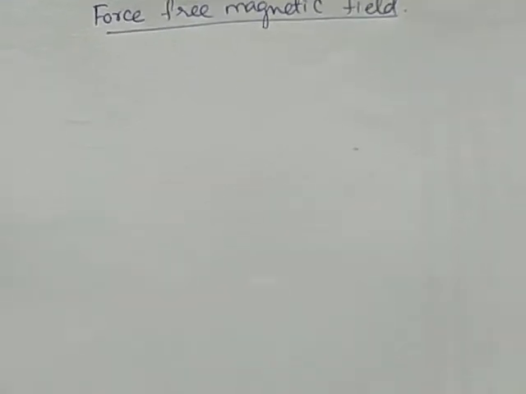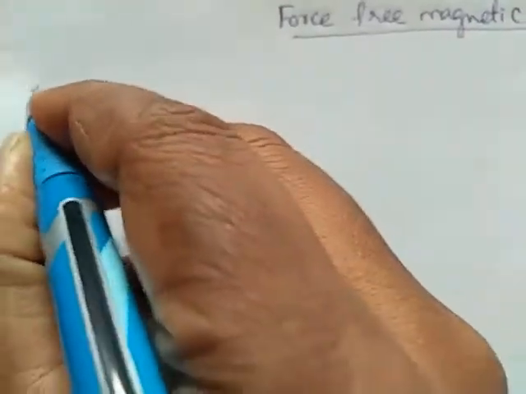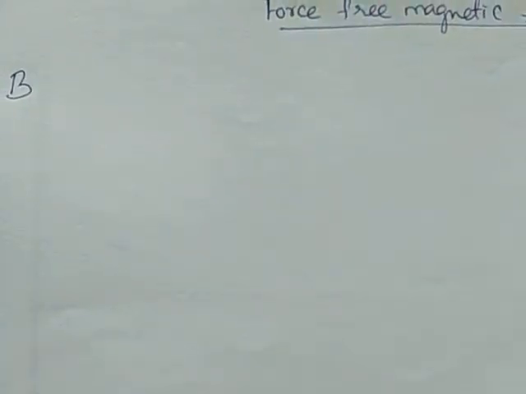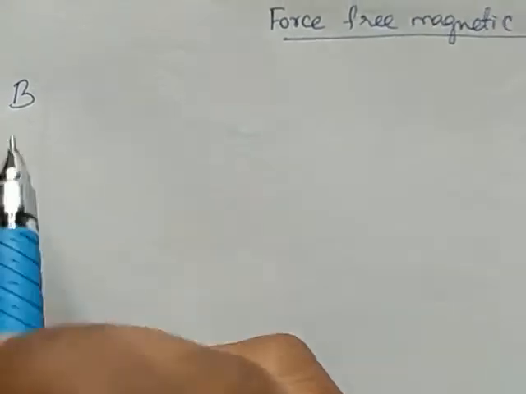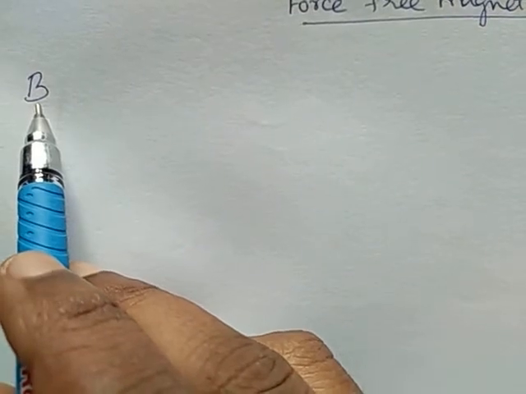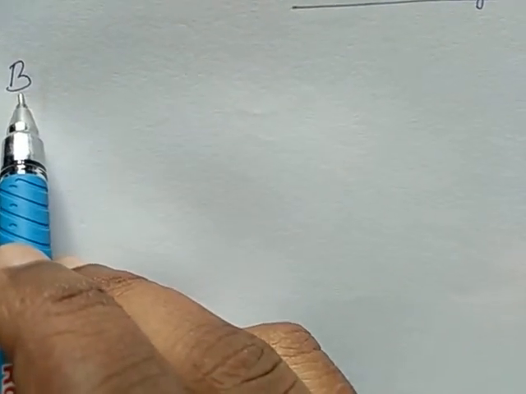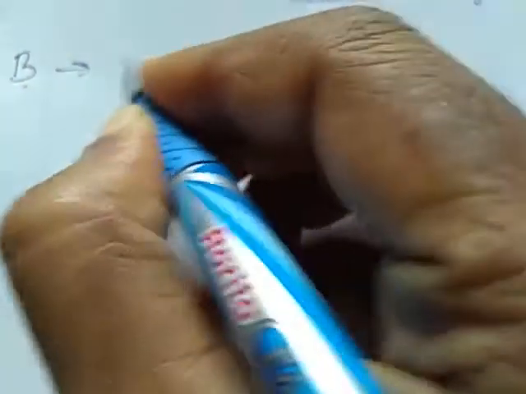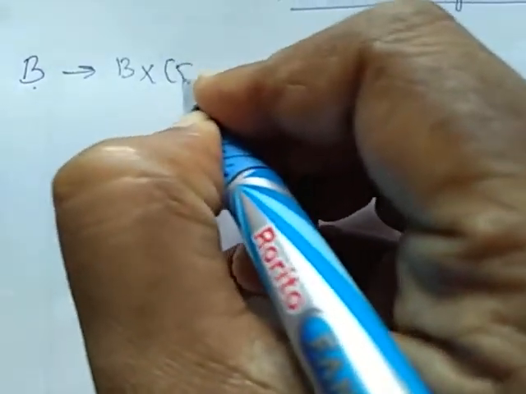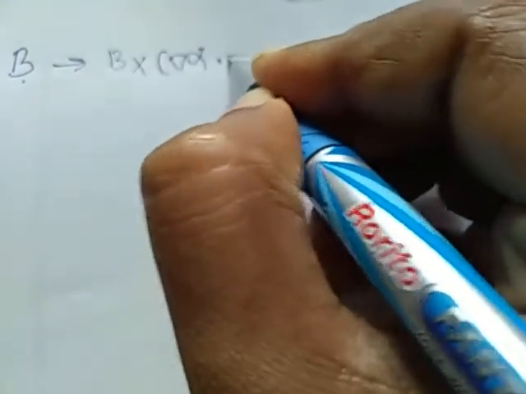For a magnetic field B to be a force-free magnetic field at all times, it should satisfy the basic equation of force-free magnetic field, and in addition to that, it should satisfy the integrability condition B cross del alpha dot del B is equal to 0.